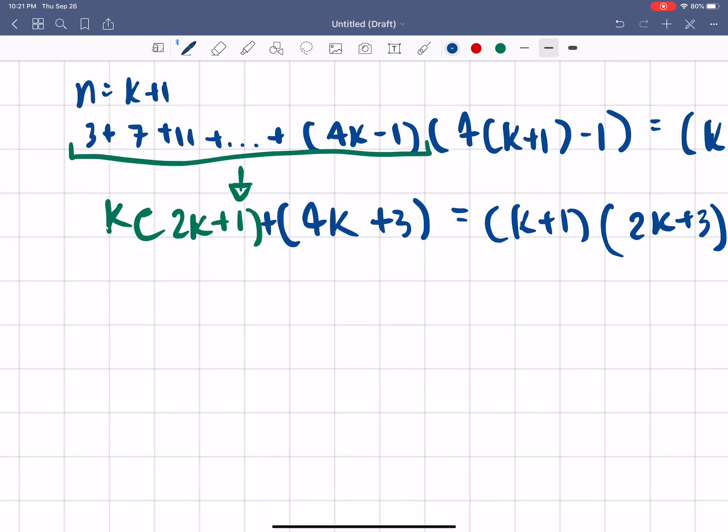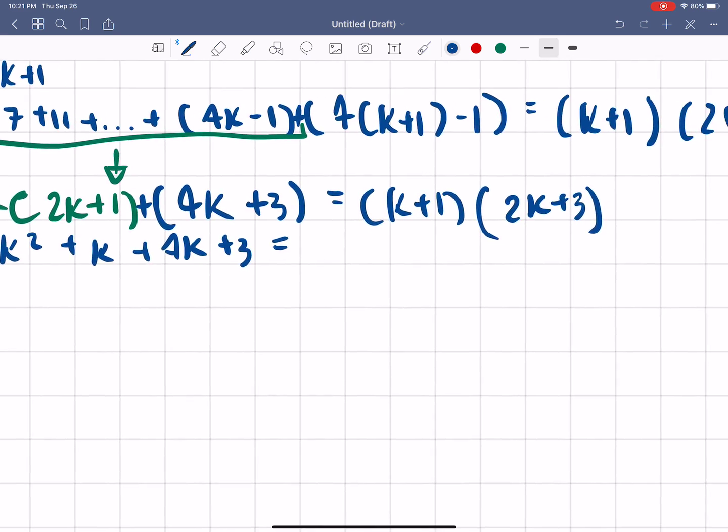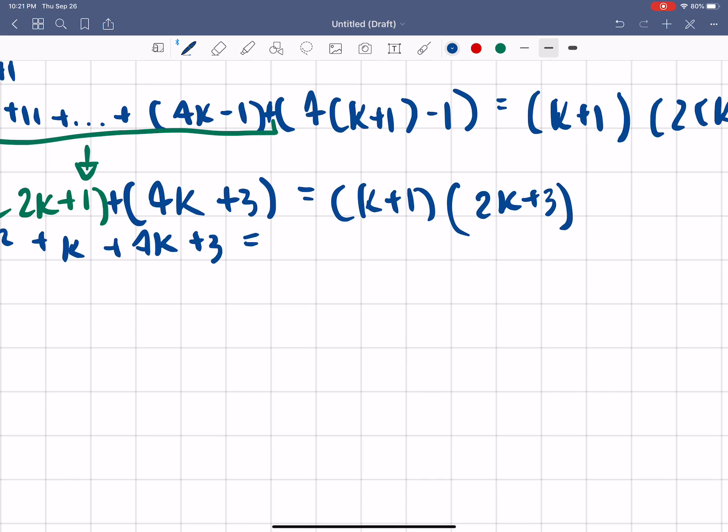It's all a matter of working this out. So this would be 2k squared, k times 1 is just k, plus 4k plus 3 is equal to 2k squared plus 3k plus 2k plus 3. This just simplifies to 5k.